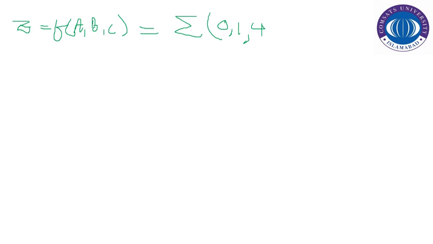For example, we've got a Boolean function z equals f of a, b and c, equal to 0, 1, 4, 5 and 7. So this is min term number 0, this is 1, this is 4, this is 5th, and this is 7th.